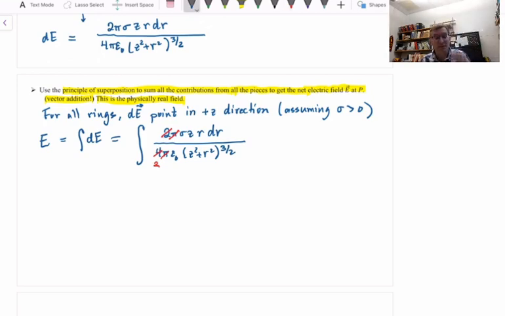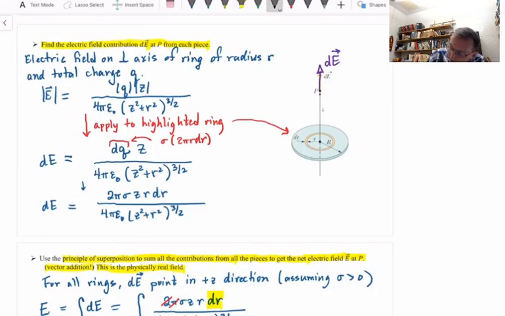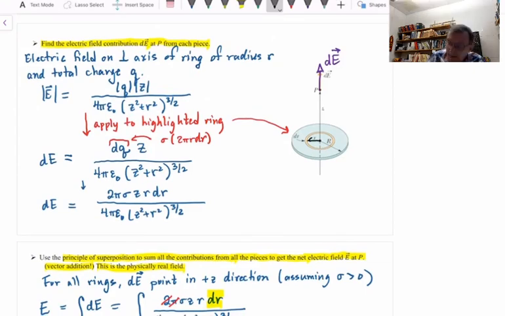Now, what are the limits of this integral? It's a definite integral. Well, I'm integrating over the radial coordinate of the ring. Right? See it right there? For the ring we drew, that's the little r, the distance from the center out to that ring. Well, we have to take all the rings that together make up the disk. And they're nested, starting right up there at the center and then going outward.